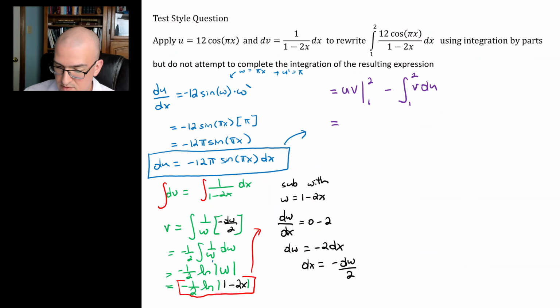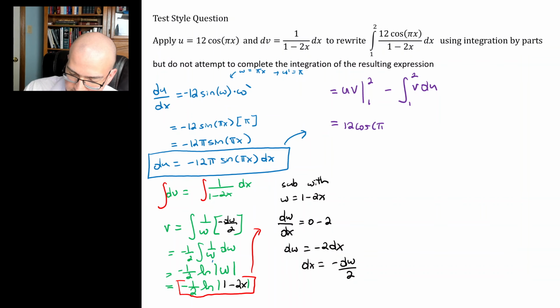Okay, so u is 12 times the cos of πx. v is that green thing we just found, negative 1/2 ln absolute value of 1 minus 2x.